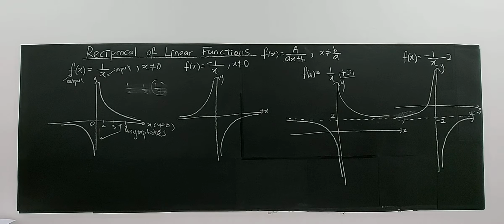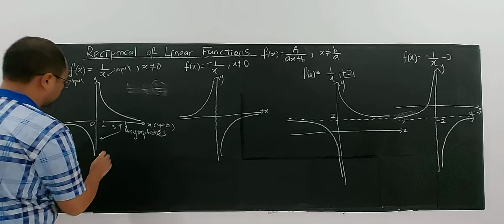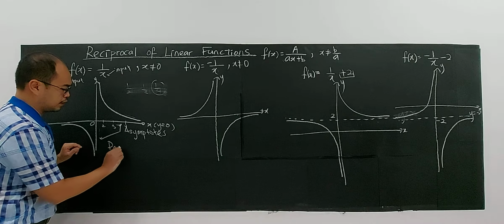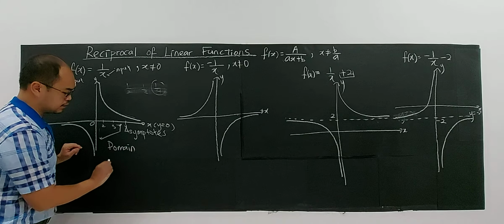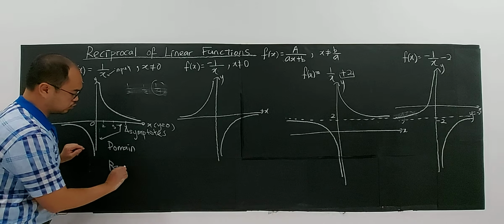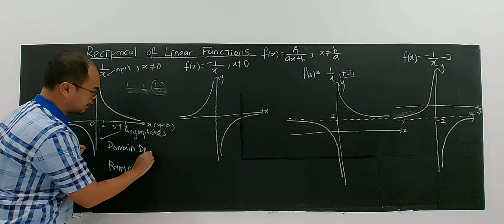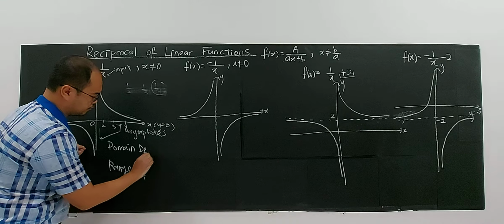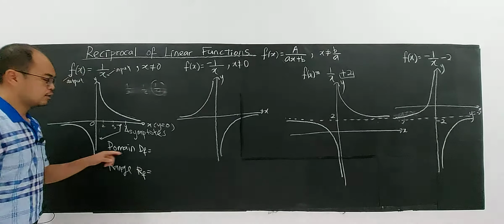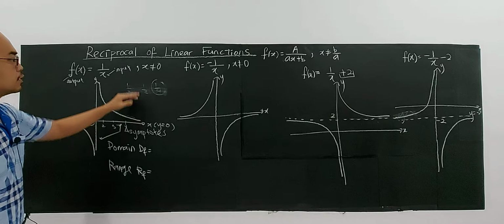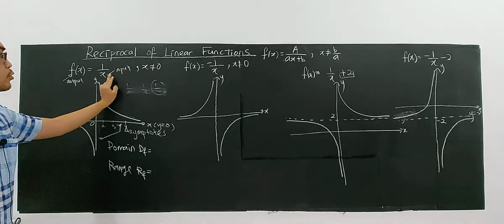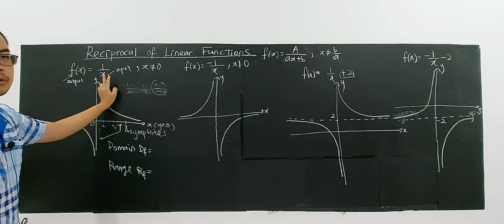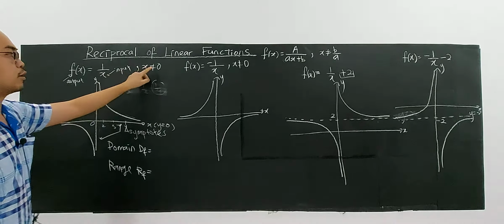Before that, I need to tell you how to find the domain and range. Very easy. Okay, listen, this one is very important, domain and range. The domain of f is referred to the x-axis. You can take any value of x, but it cannot be 0.